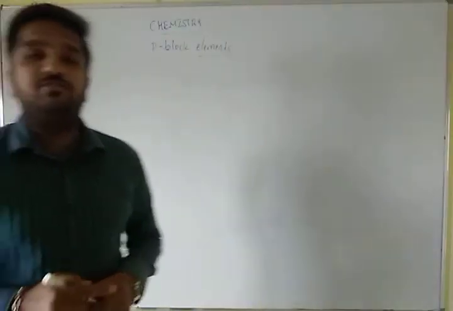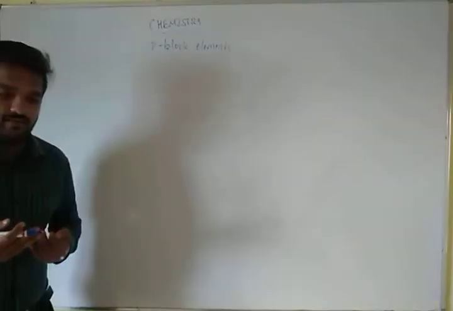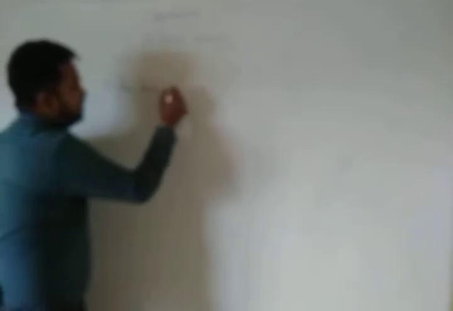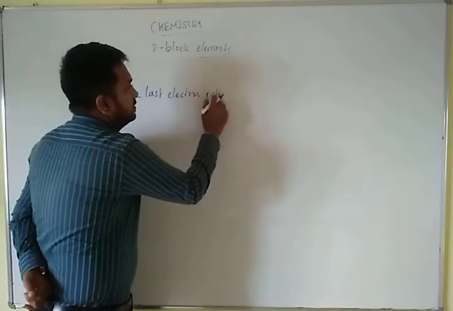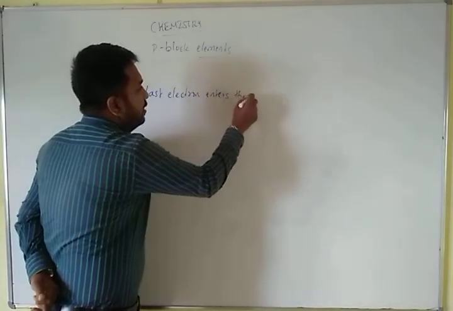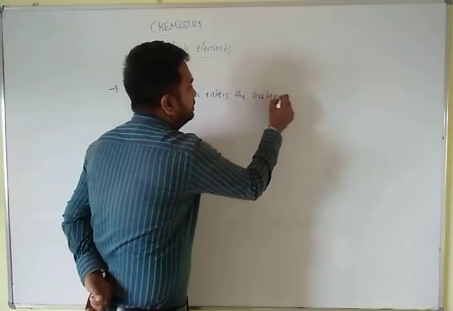So coming to the introduction to P block elements, what are P block elements? P block elements are the elements in which the last electron enters the outermost p orbital.